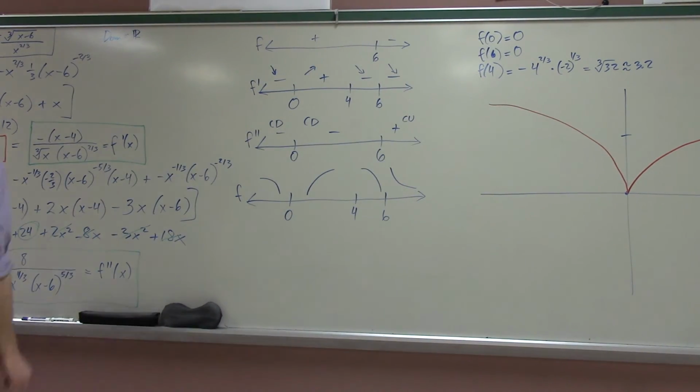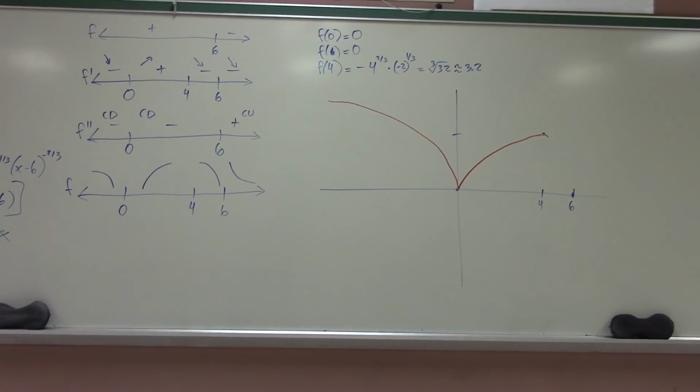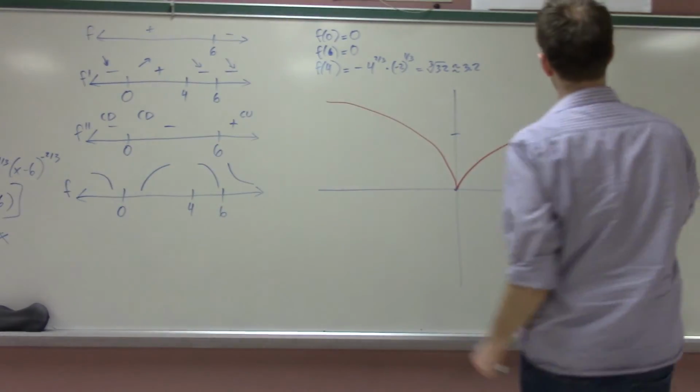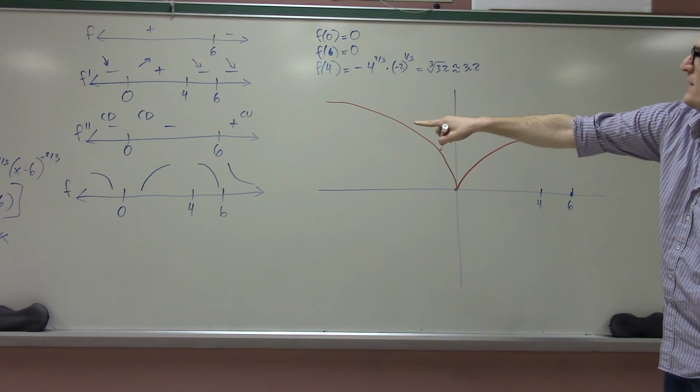And there's also going to be a vertical tangent line at x equals 6, because if x is close to 6, that makes this denominator tiny, that makes this fraction huge. So my derivative is basically infinity at 0 and at 6, which means I have a vertical tangent there. So what is this doing at 6? Well, I'm following my chart.